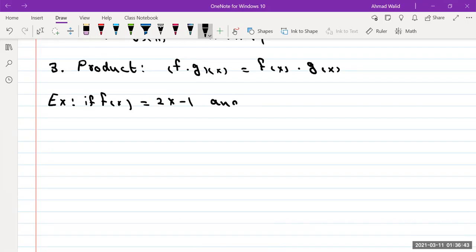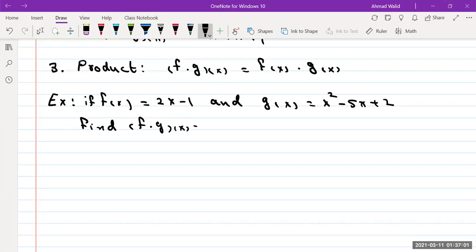And g of x equals x squared minus 5x plus 2. Find f times g of x. Correct?